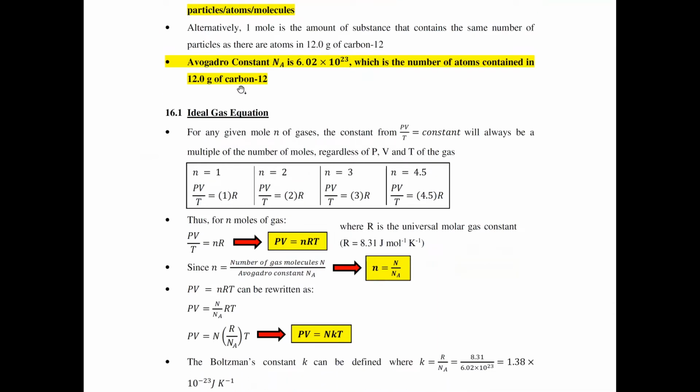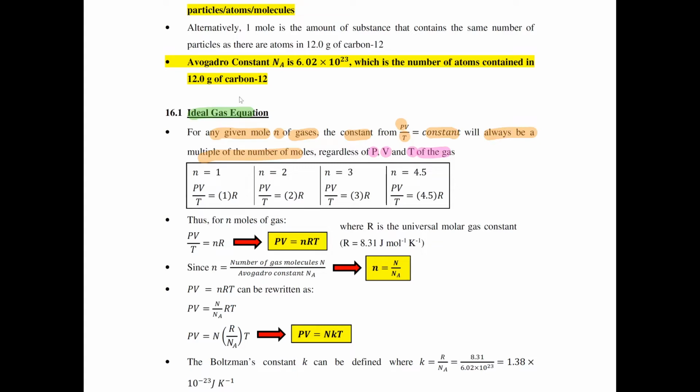All right. Now, in general, when it comes to ideal gases, for any given mole n of gases, your constant PV over T equals to constant will always be a multiple of the number of moles, regardless of the P, V and T of the gas used. Okay, what do I mean by that? It's something like this.